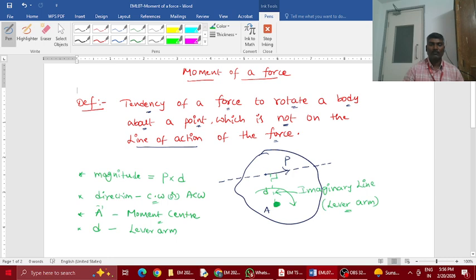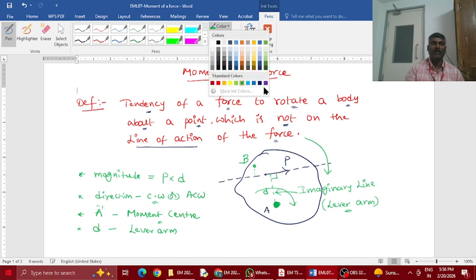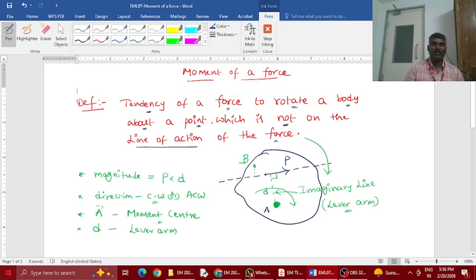So this force that you have applied is trying to rotate the body in clockwise direction about this point A. So if you change the moment center to some other point, let us say B, okay, now this perpendicular line here, which I'll try to represent in a different color, let us say this line is being rotated in anti-clockwise direction.